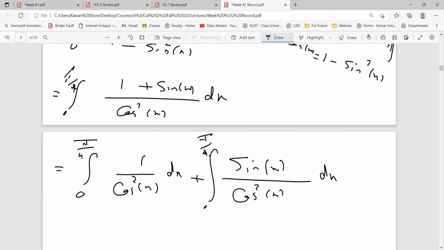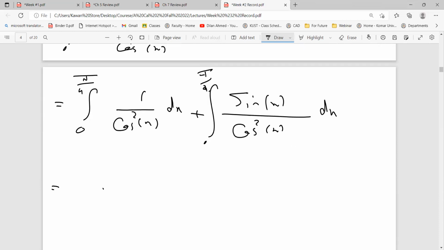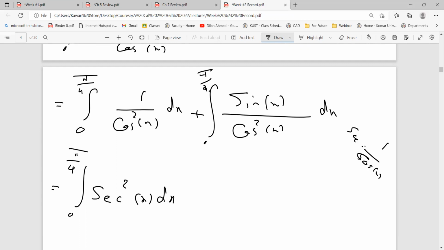Secant. So we have a secant. Am I right? Do you know? 1 over cosine is equal to secant of x. So how about the square? I'll get a square. What else?